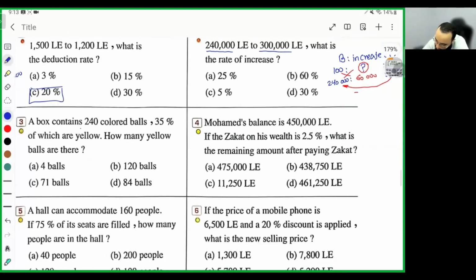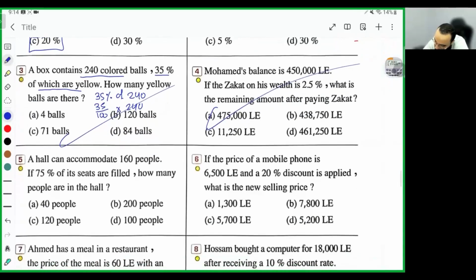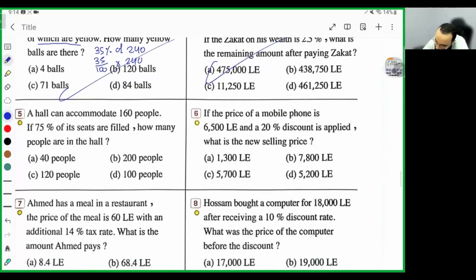240 color poles, 35% of them are yellow. So the yellow poles are 35% of 240. It's 35 over 100 times 240. You can do it. We solved a question like the zakah. We solved a question like the accommodation. How many people are there?